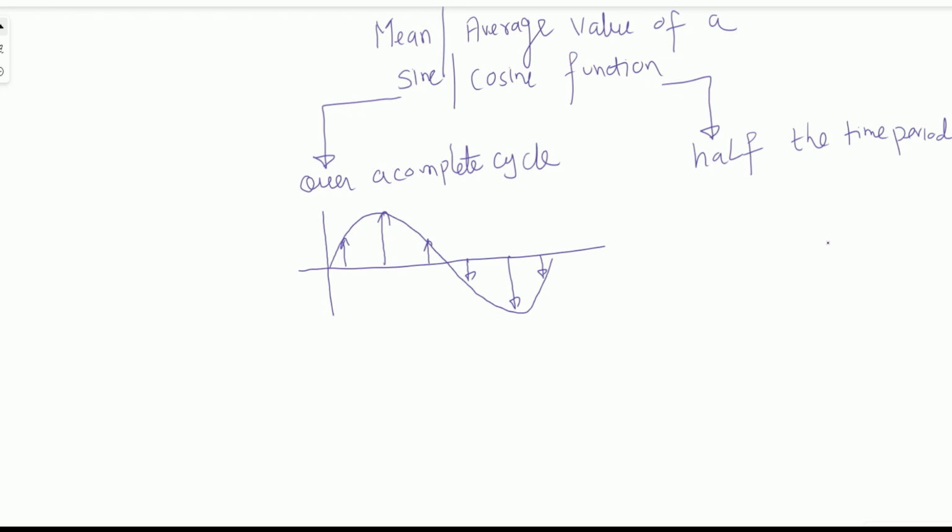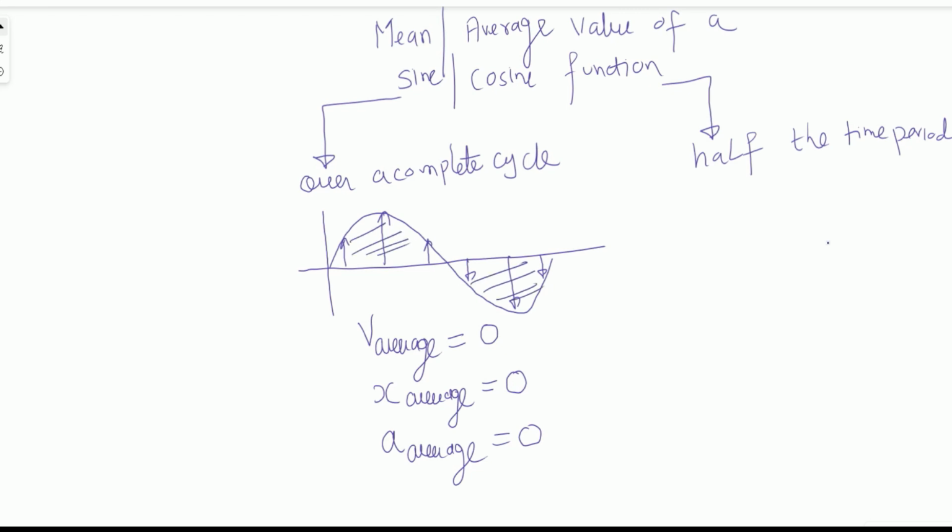So if you look into the average value of a sine or a cosine function over a complete cycle, the V average comes out to be 0. Or if it is displacement, the displacement for a sine or a cosine function in simple harmonic motion is also 0. The average acceleration will also be equal to 0 because of the cancellation effect of the positive side and the negative side.